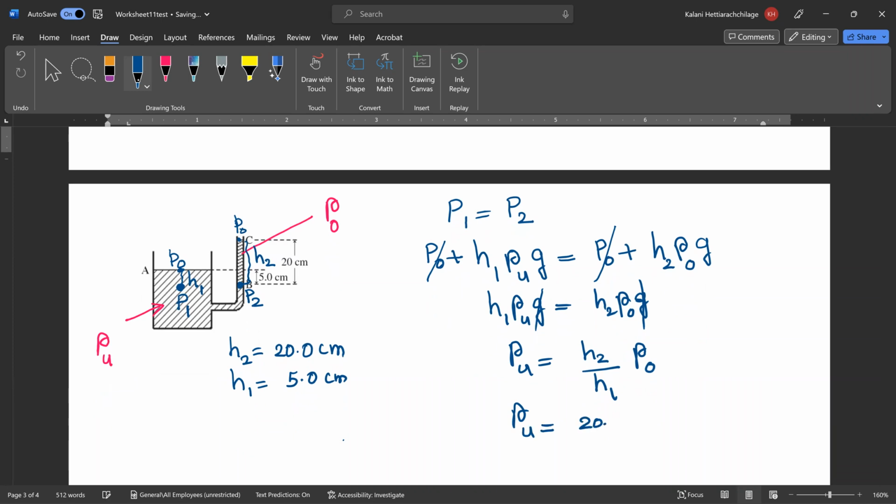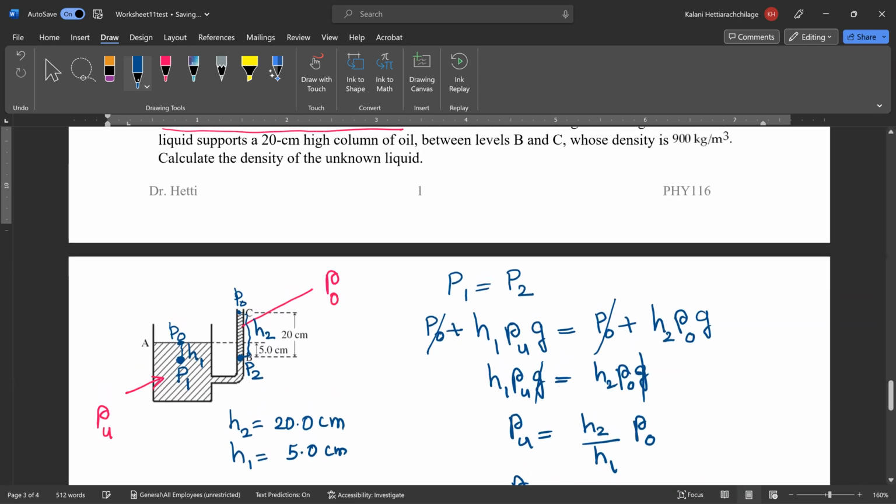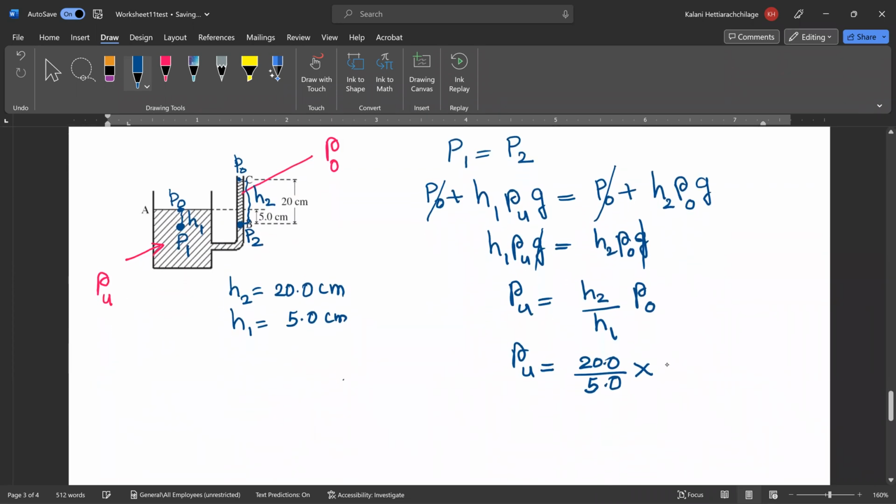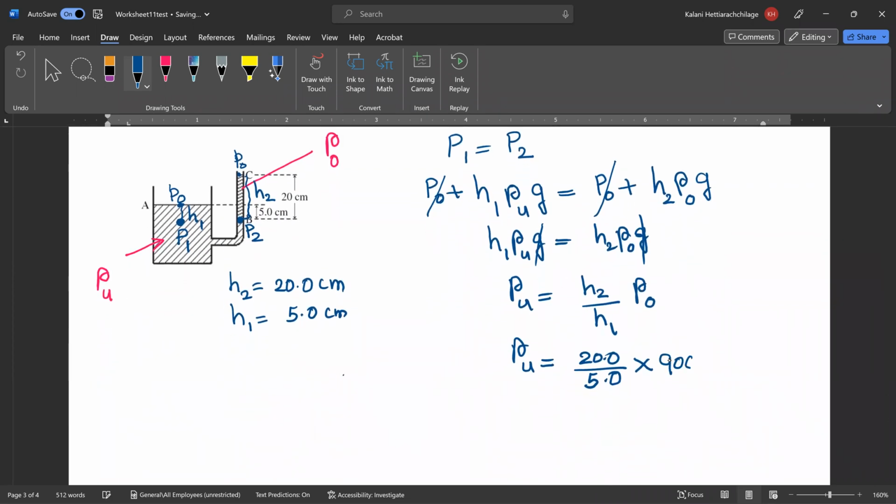H2 is 20.0 divided by 5.0, and density of the oil is given in the question as 900. So now you will be able to calculate the unknown density in kilograms per meter cubed. Unknown density is equal to 3600 kilograms per meter cubed.